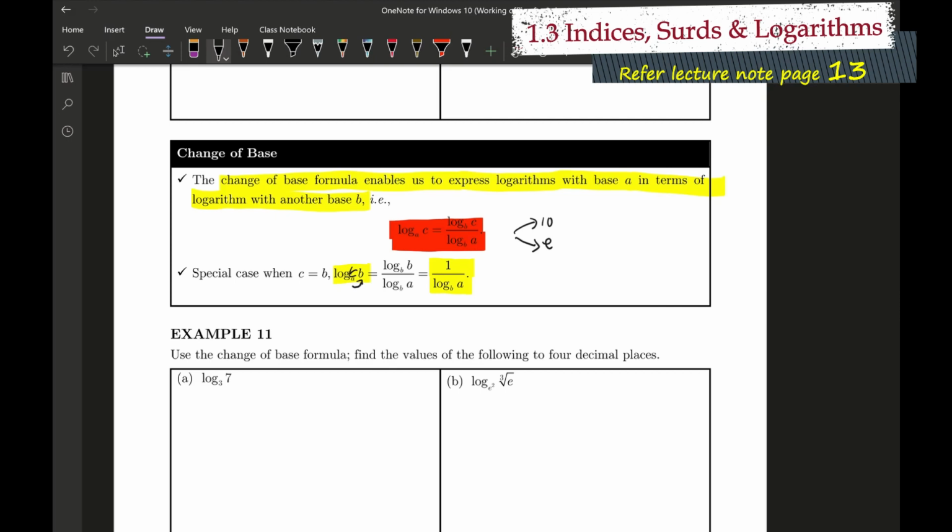Or you change the position, meaning B becomes the base and A becomes the number, depending on the question.